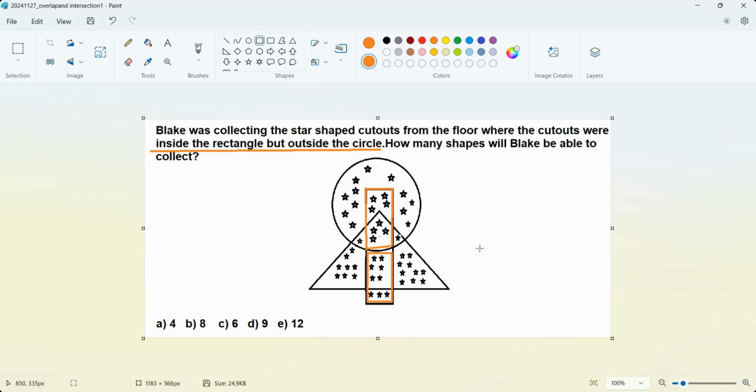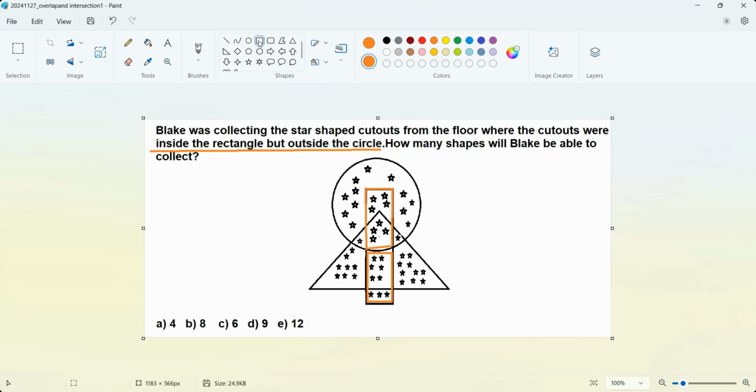Again, whatever is inside one shape and outside another, that becomes the non-intersecting part. But now we have to see which shape it is inside. So it is inside rectangle but outside circle. So this becomes the non-intersecting part. If we were asked inside circle but outside rectangle, then anything that is outside this will be the non-intersecting part.